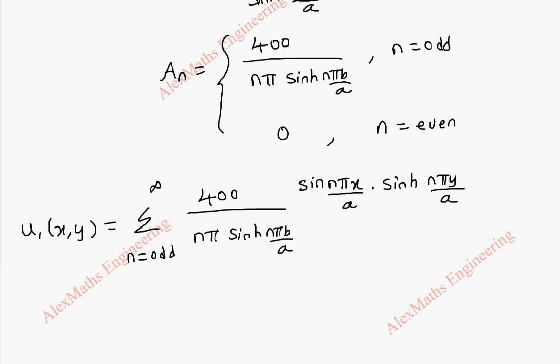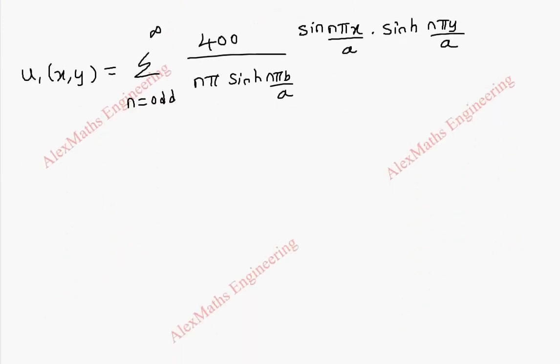And from this, the constants can be taken out, and along with that, every n is replaced as 2n minus 1 to write the summation from 1 to infinity.